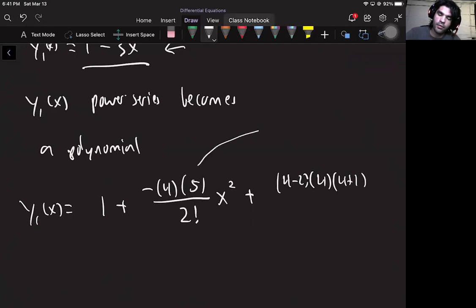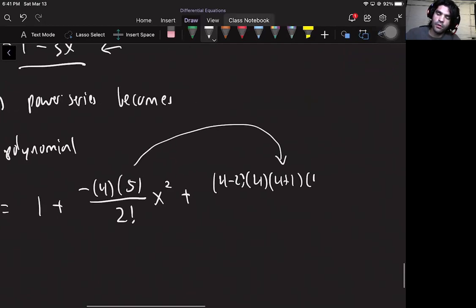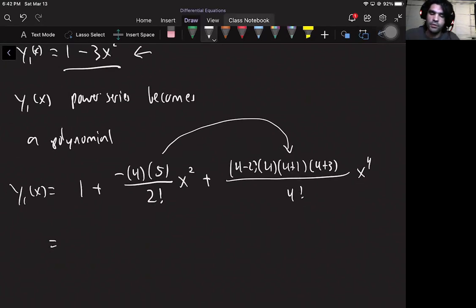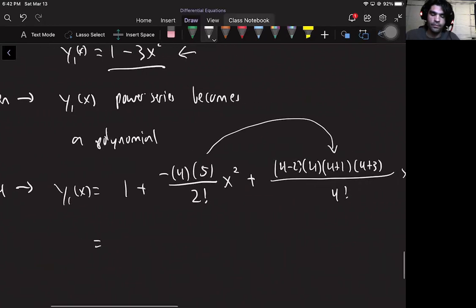That's that 5. But then also we go one more, 4 plus 3 over 4 factorial x to the 4th. So this is the polynomial for m equals 4.